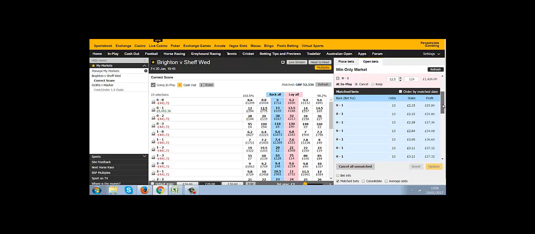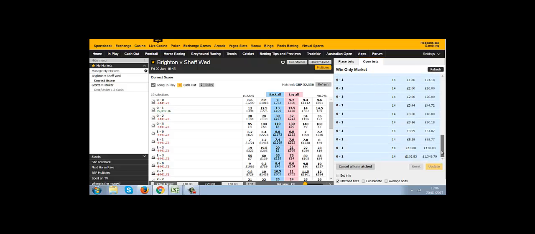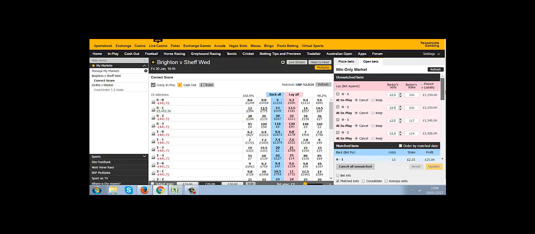And this is something that I often do, is that we look at the spreads price and gauge the difference and use that to spot where a price should be. PMT confirms that. So got on the 0-1 at 14, so you can see all of the different matched prices. Laser in at 12.5.